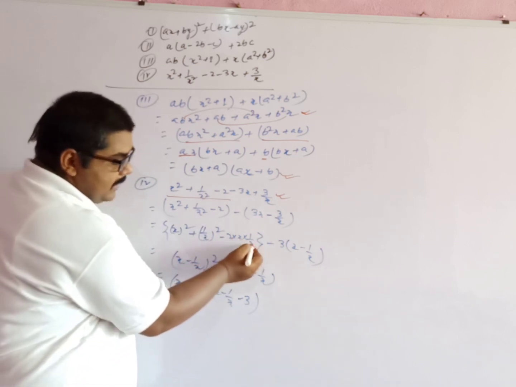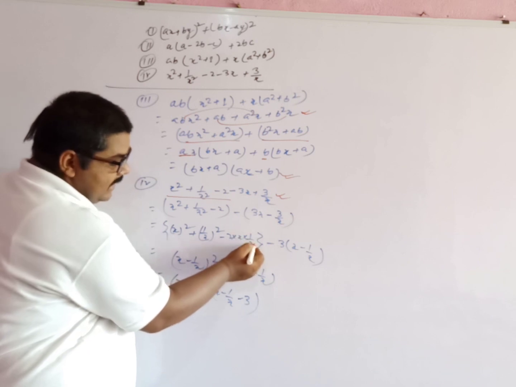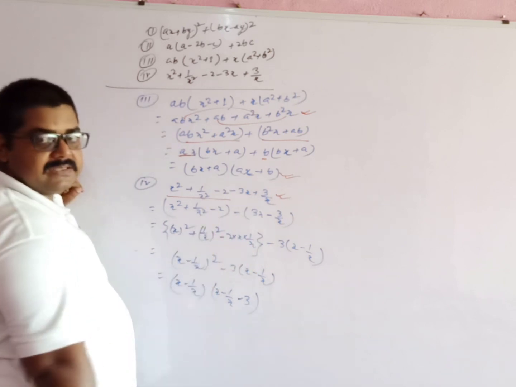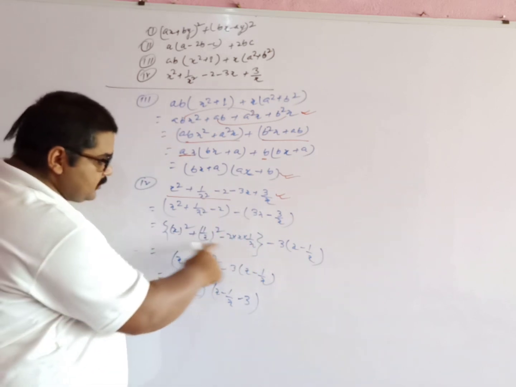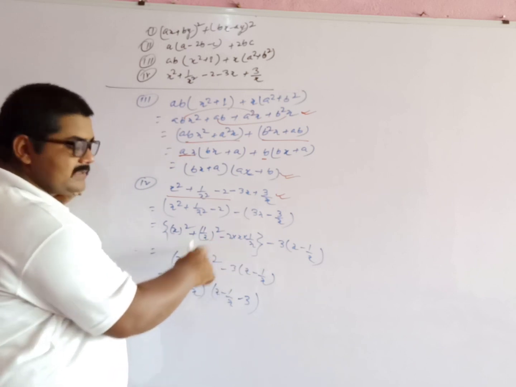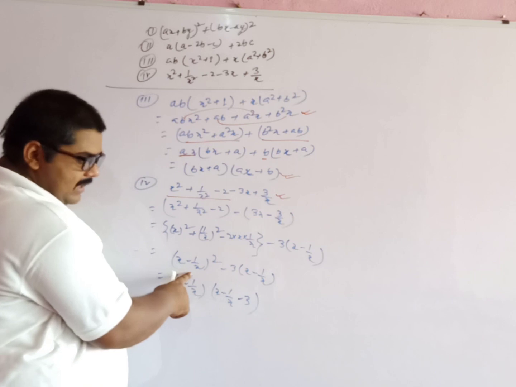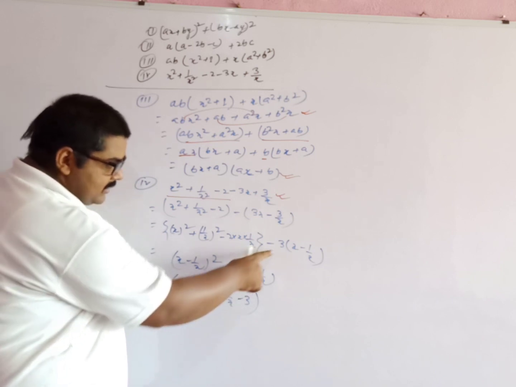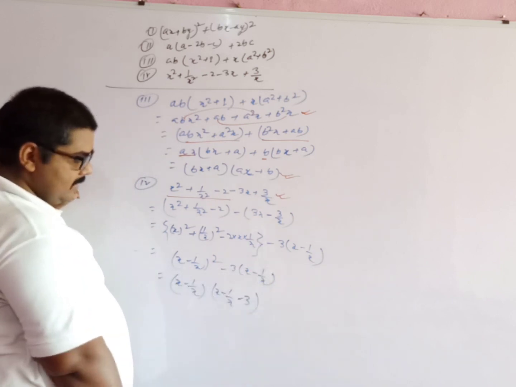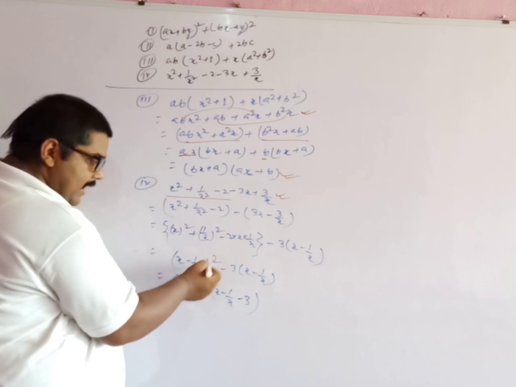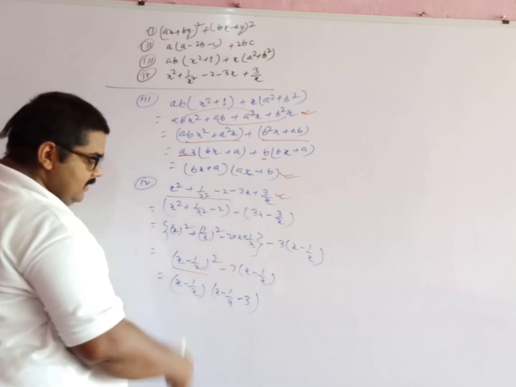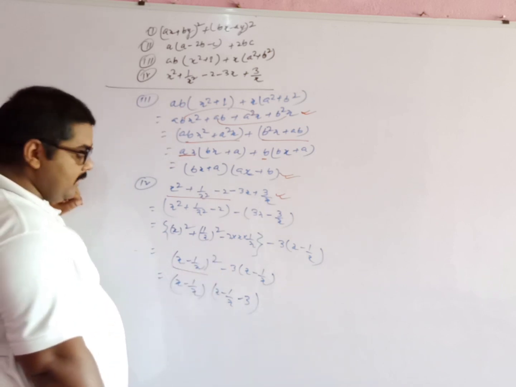Here x into 1 by x, because if you cancel x and x, then the final result is 2. So you have to rearrange, and it is based on the formula a minus b whole square, which has been written further, and 3 has been taken as common, and in the last term you can see x minus 1 upon x whole square.